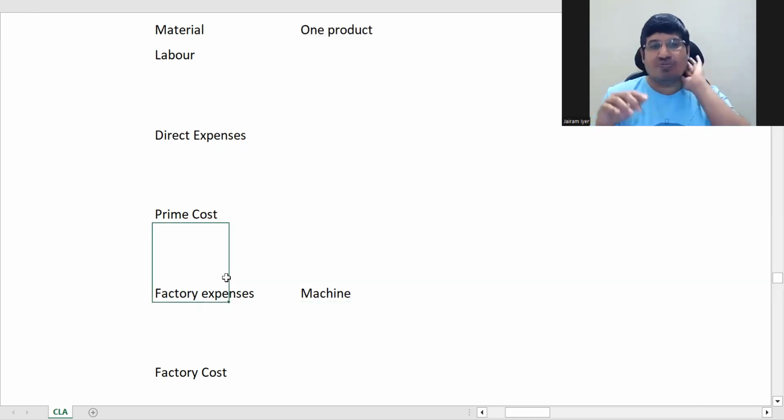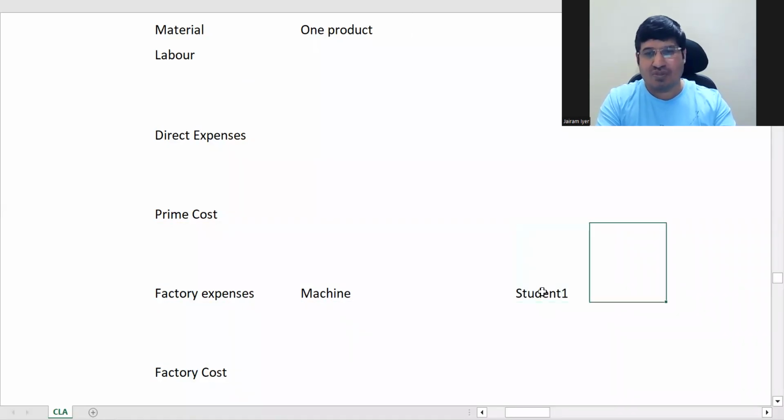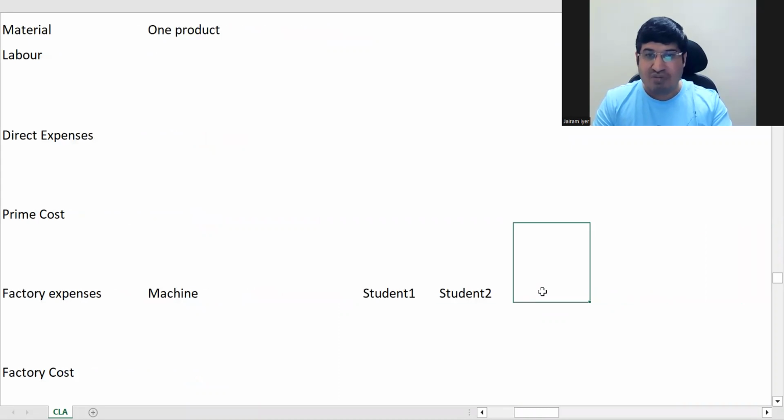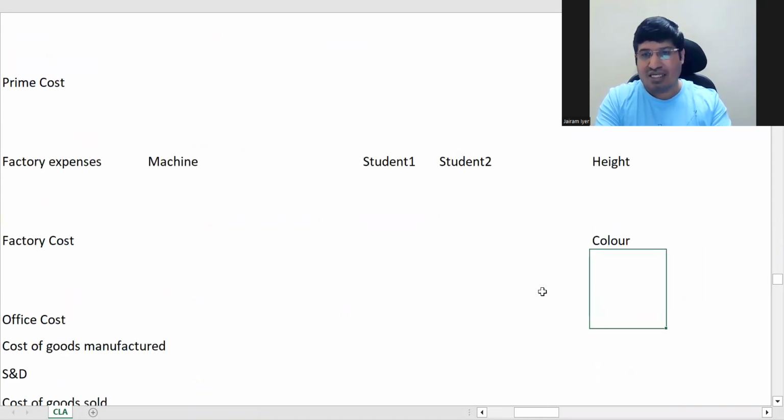So it depends on what basis you are using for classification. If I classify two students, student 1 and student 2, what can be the basis I can use? I can classify based on height, color, intelligence, or politeness.